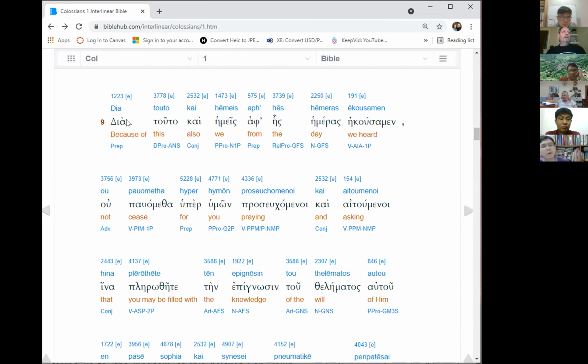Okay, so this word dia is actually a preposition, which can be translated because of or from. And so what this interlinear shows us is what is there in the original Greek text, and it gives us some insight as to the kinds of words.